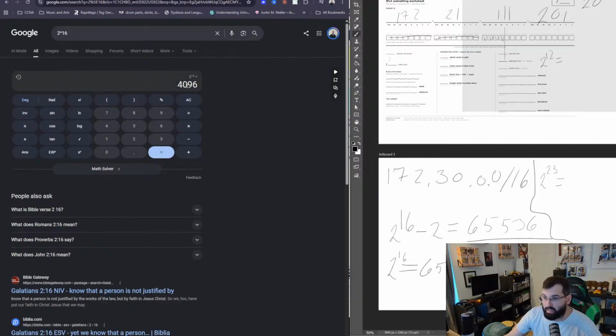Now we take that number and divide it against 256, which gives us 16. So 16 is our block size.